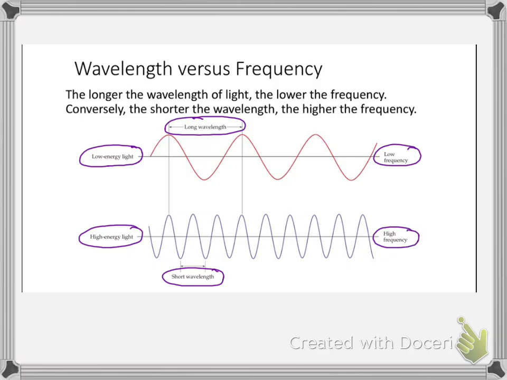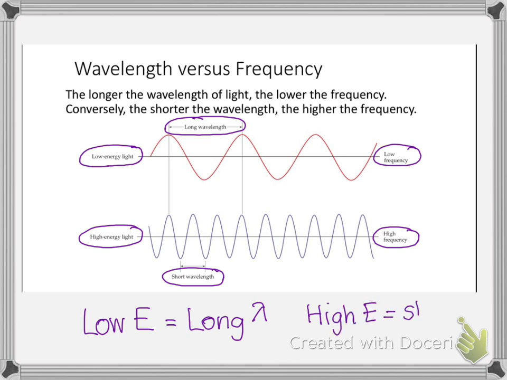What I want you to take from this is that if you have low energy, you're going to have long wavelength, and vice versa. If you have high energy, you're going to have short wavelength. And low energy also goes with low frequency, like you can keep that.